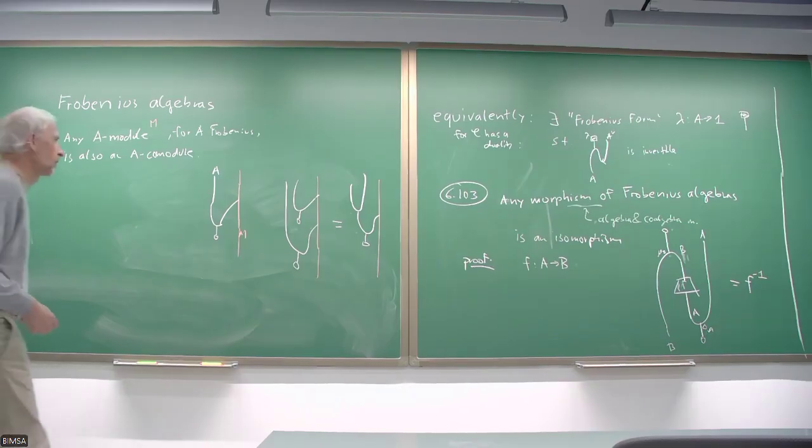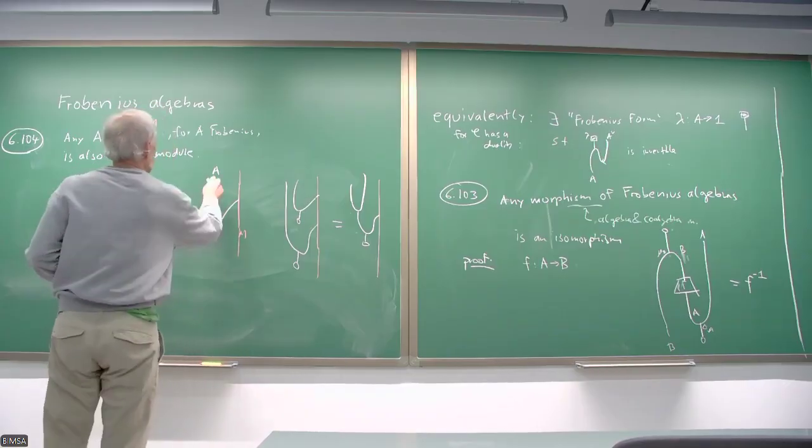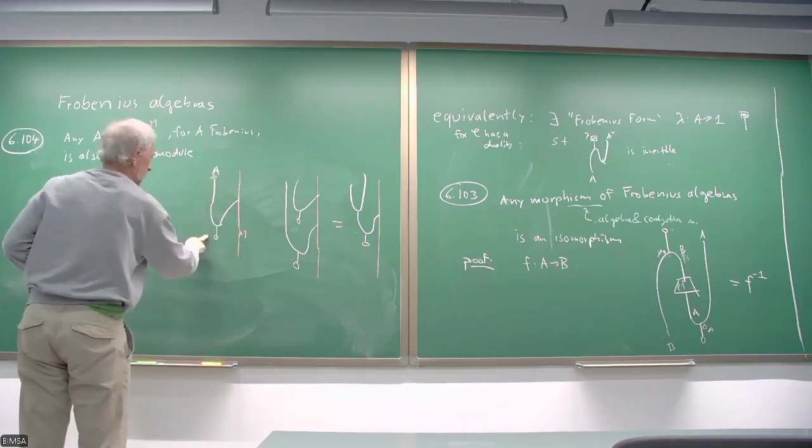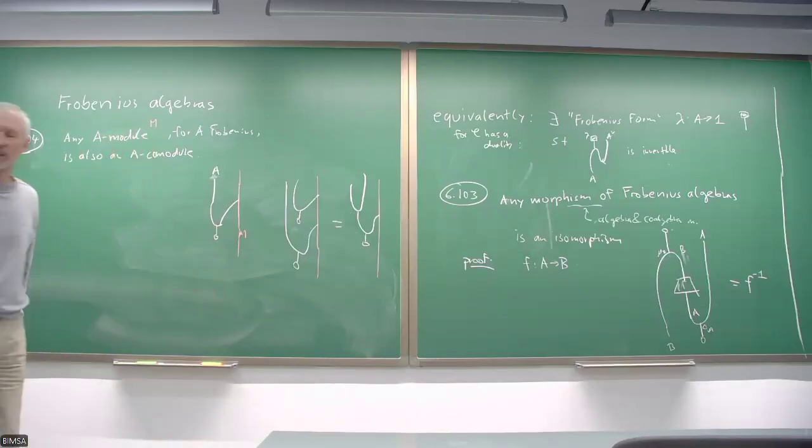And it also has to be compatible with the co-unit, but that is also clear if you put the co-unit here, and the co-unit property just leaves you the unit here, and then the unit property leaves you the identity.